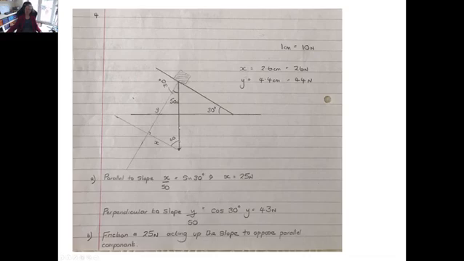So if you measure from the weight that angle and draw a straight line across, where they cross will give you your right-angled triangle. And again, your component of the weight that moves it down the slope is going to be equal to that component there, and the perpendicular component pushing the box into the slope is going to be this distance here, which you can measure and you can check by using your sine and cosine rule.